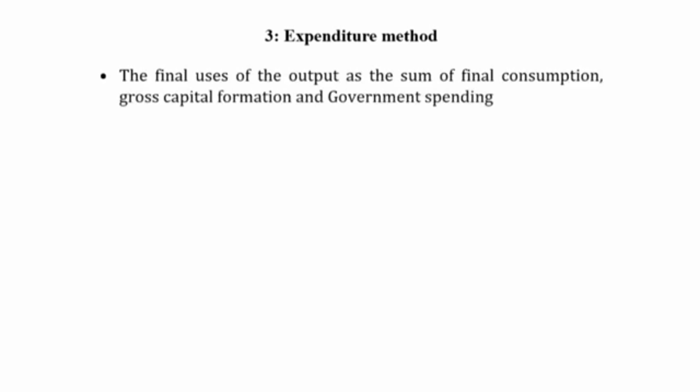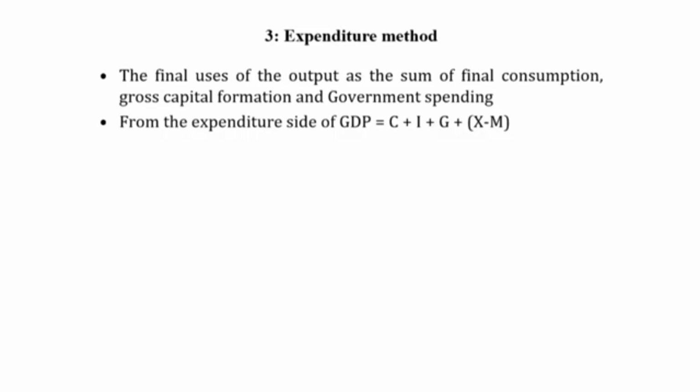Then the last, third method is called the expenditure method. The final uses of the output are the sum of final consumption, gross capital formation, and government spending. So when the income has been generated, the goods and services have been produced, then the equivalent factor income has been generated, then how has this been spent.